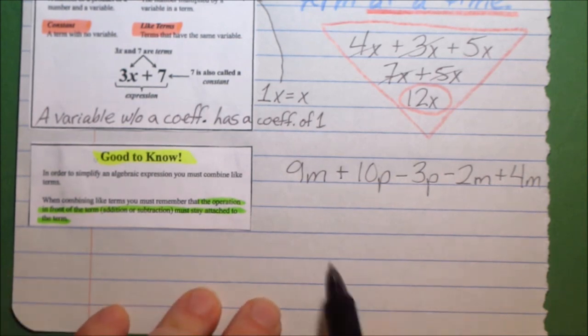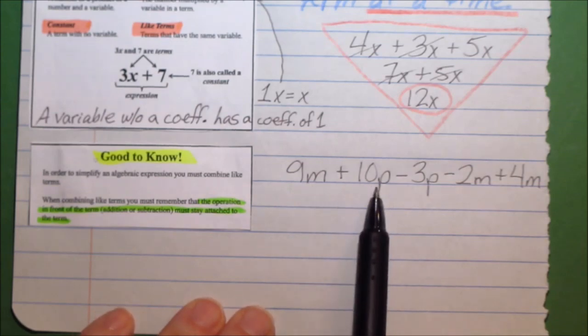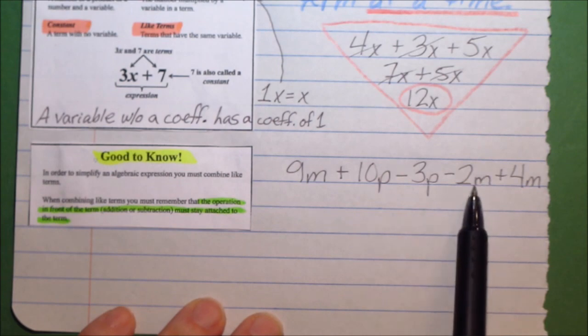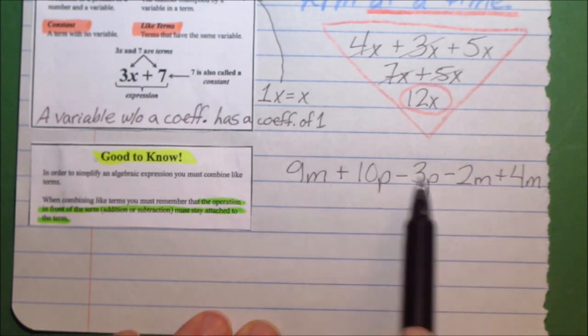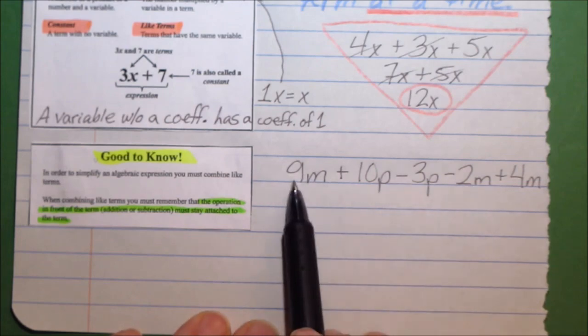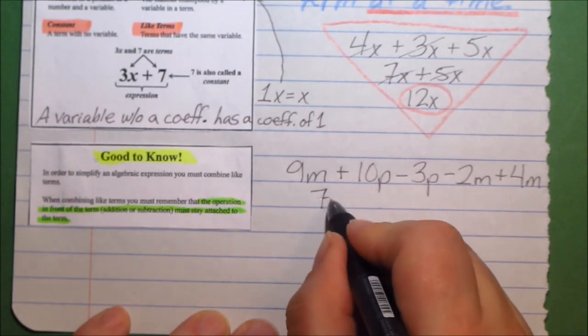Okay, let's start with my first term, 9m. Are there any like terms in my expression with 9m? Well, that's a different variable, so no. That's a different variable, so no. Ah, this one has the same variable of m. Remember, the operation stays with this coefficient. So that means I'm going to take 9 and subtract 2 to combine these two like terms. So 9 minus 2 is 7m.